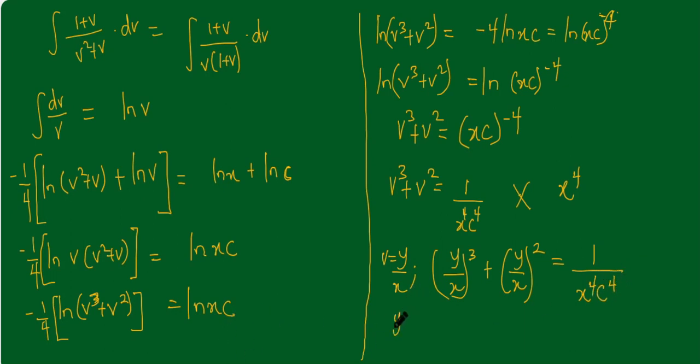So we have y cube divided by x cube plus y squared divided by x squared is equal to 1 divided by x raised to power 4, c raised to the power 4.